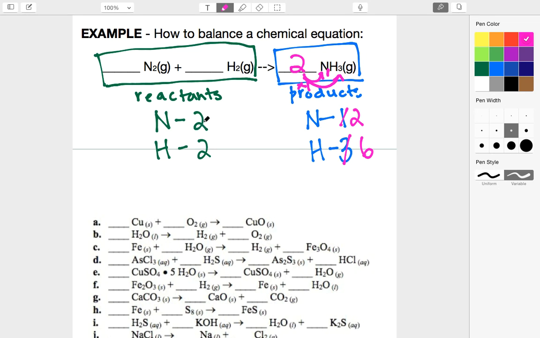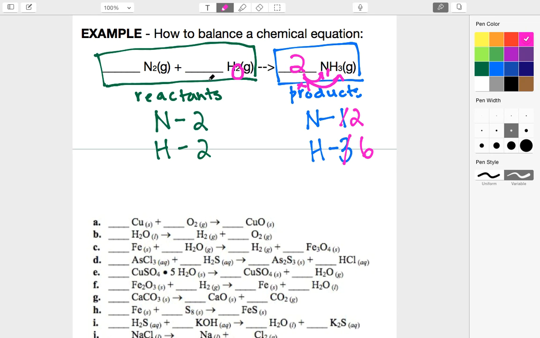So now my nitrogens are balanced, or they're even. That means I have 2 nitrogens on my reactants and 2 nitrogens on my products, but my hydrogens are not balanced, because I have 2 hydrogens here and 6 hydrogens on the product side. I need to make them equal. So I'm going to try to fix it over here. Now I have the subscript 2. I need to figure out a way to get 6 hydrogens total.